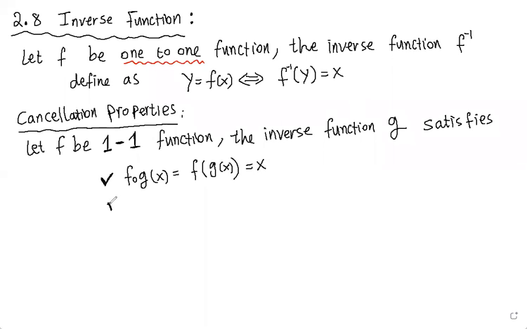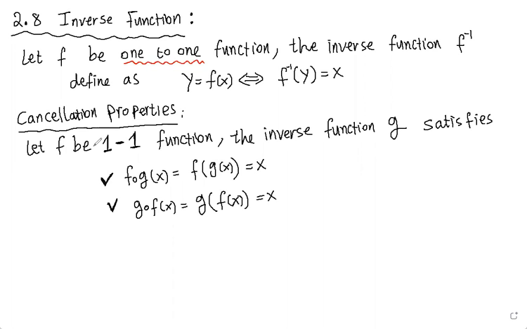Second one, g circle f of x equals g of f of x, this is equal to x. If both f circle g gives me x, and g circle f gives me x, this means that both functions f and g are inverse to each other.